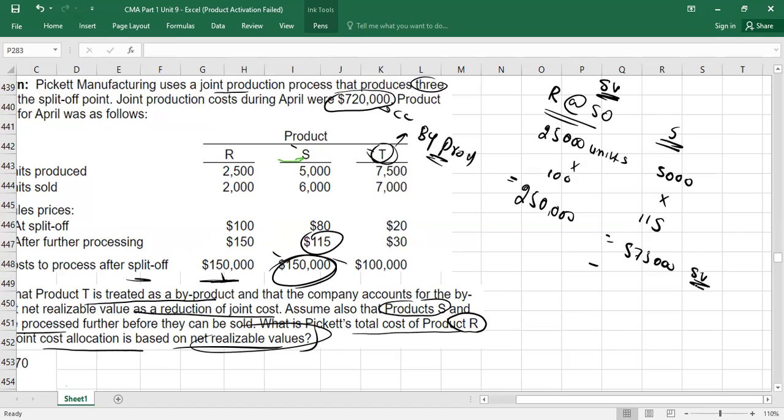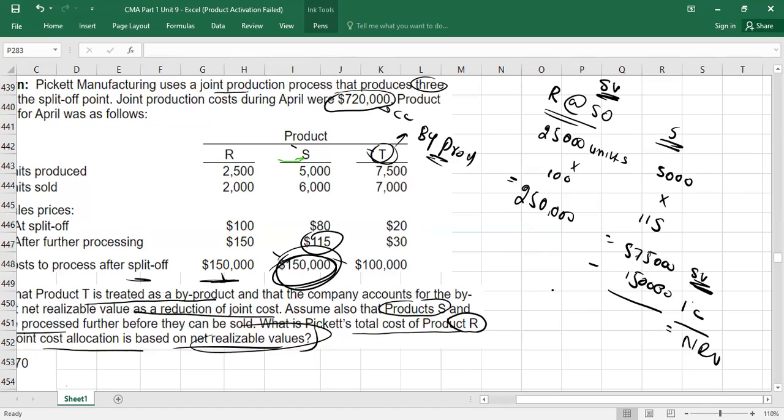This is sale value, guys. For NRV, I need to deduct what? Incidental cost also. Incidental cost is how much? 150,000. So this is going to be my NRV. I'm just doing another way. Understood? So what is NRV value? So 575 minus 150.